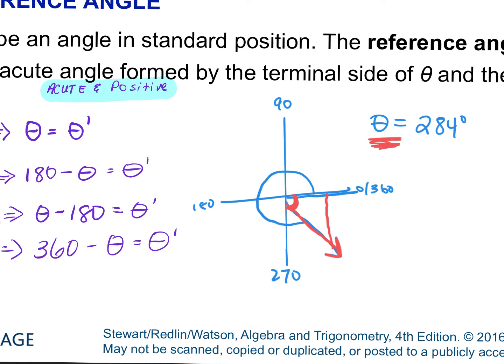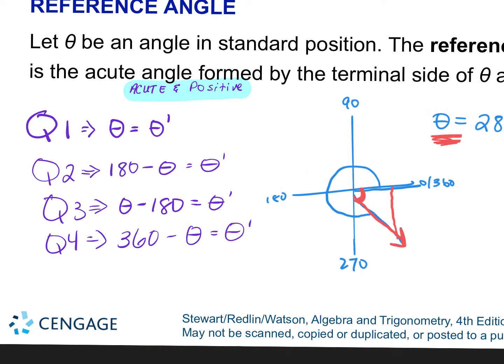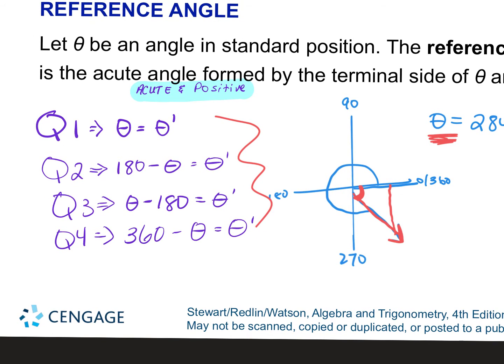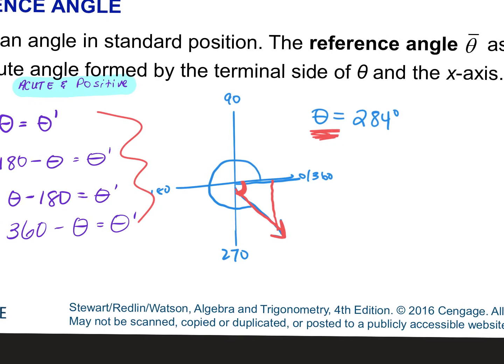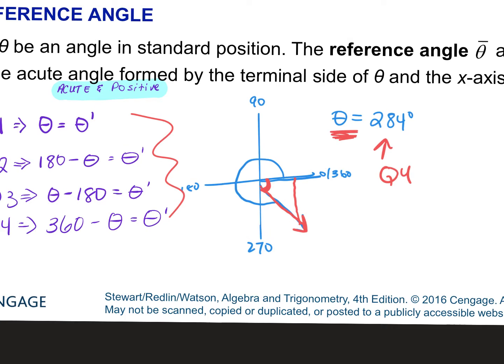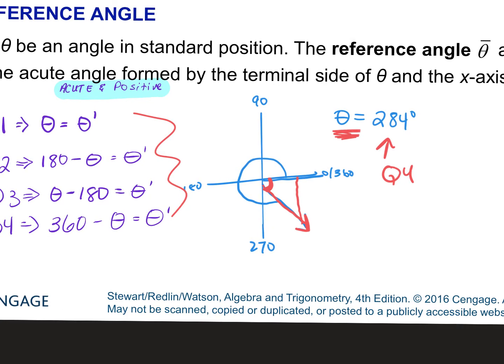Once you figure out where it is, then you use these rules over here to decide what the reference angle is. So if I had 284 degrees, you guys just told me 284 is in what quadrant? It's in quadrant 4. So if I have an angle in quadrant 4, what is the rule?